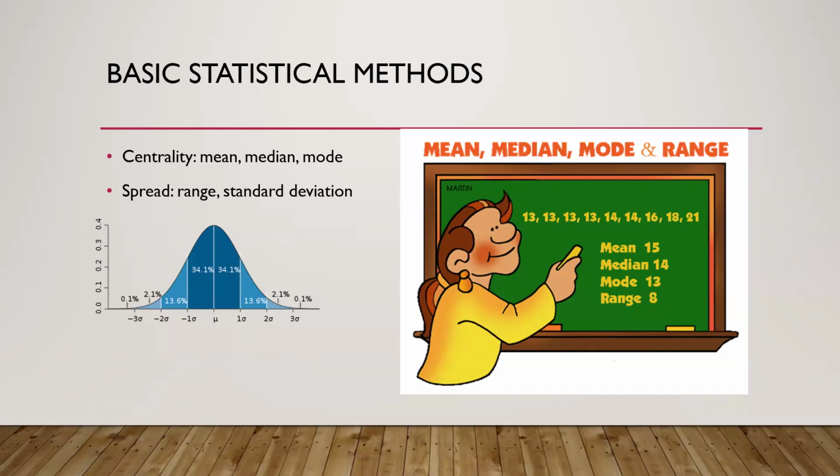So the median is what divides the data set into two equal parts. I repeat, the median is what divides the data set into two equal parts. Remember, we're looking at data which is ungrouped. The mode is the one that appears most. Very simple. The range is simple: the highest minus the smallest. That is 21 minus 13, you get 8.